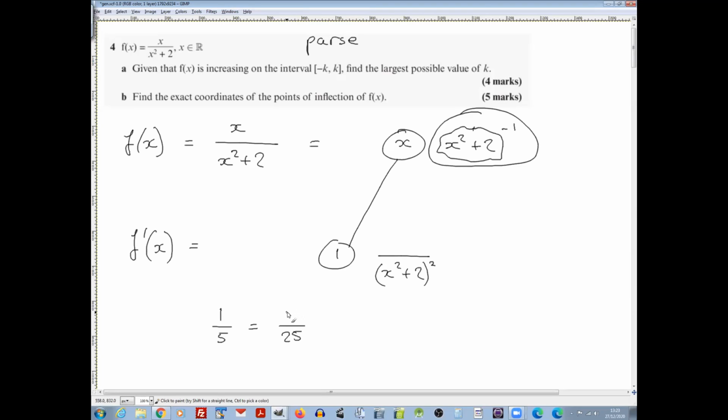Square the top, I guess. So 1 over 5 equals 1 over 25. Times it by 5. Fine, yeah. Remember, squaring top and bottom doesn't leave the fraction unchanged. You need to think of it as multiplying top and bottom. So applying that, it would be x squared plus 2. Yes.